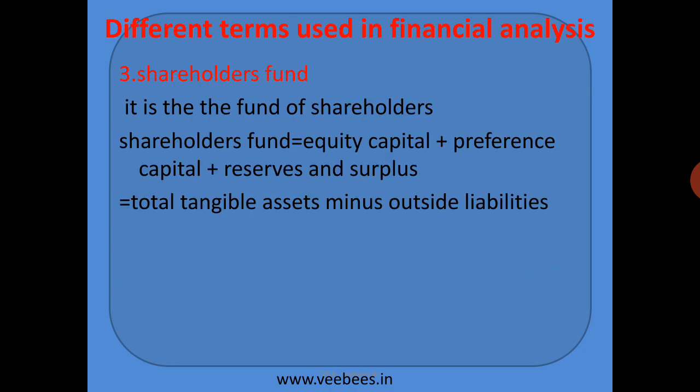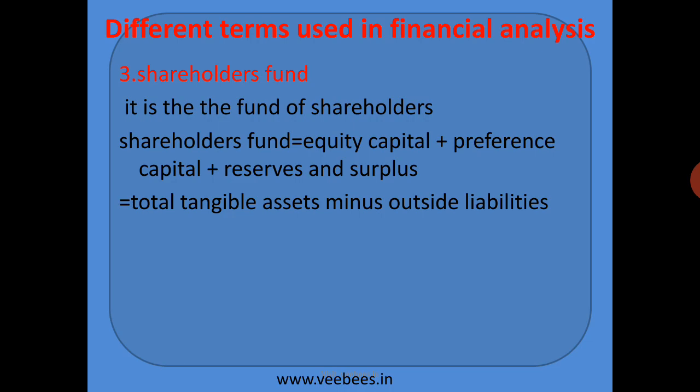Another important term to be considered is shareholders fund. As the name indicates, it is the fund of shareholders. But you should understand that shareholders fund is not equal to share capital. It includes equity share capital, preference share capital plus reserves and surplus.